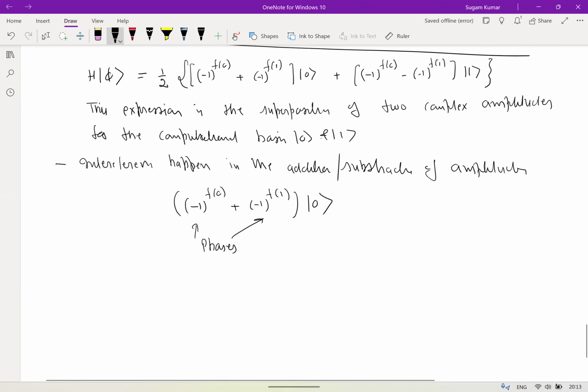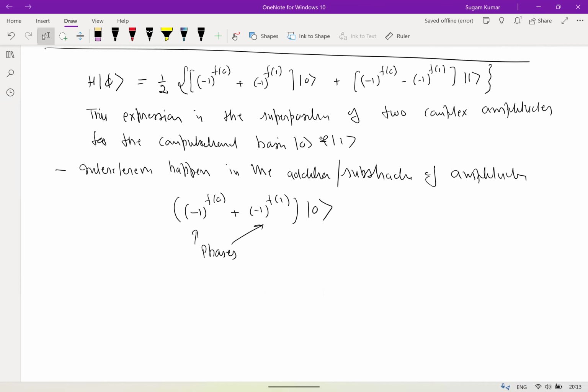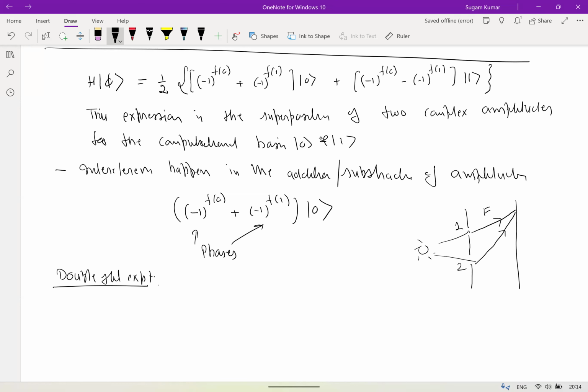For example, think about the case of a double slit experiment. You have two slits, and there's a monochromatic source. Light is going to come out from slit 1 and slit 2, and somewhere here you will see this light. Let us say this is called E1 and this is called E2.